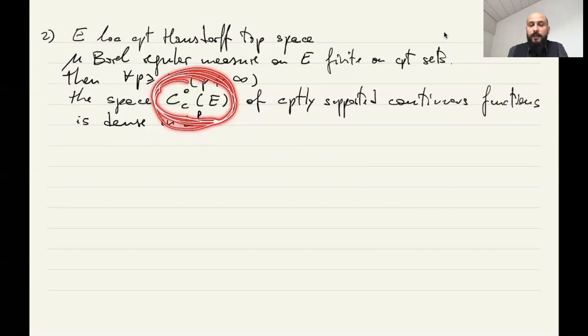So the sup distance between any element in C0 compactly supported and the constant function equal to 1 on R is going to be 1.